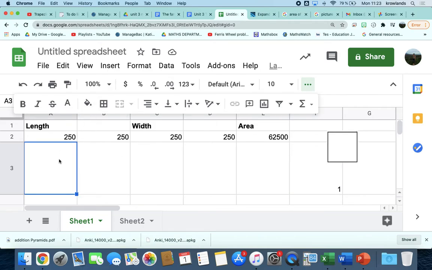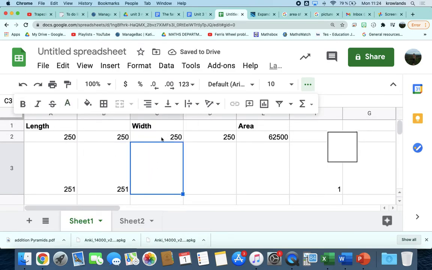So let's say, for example, we're going to start with the length. And rather than starting with 250, we're going to change this 250 to 251. We want to find a variation of this that will give us a perimeter of 1,000. So if we change this by 1, obviously the other length is also going to be 251.